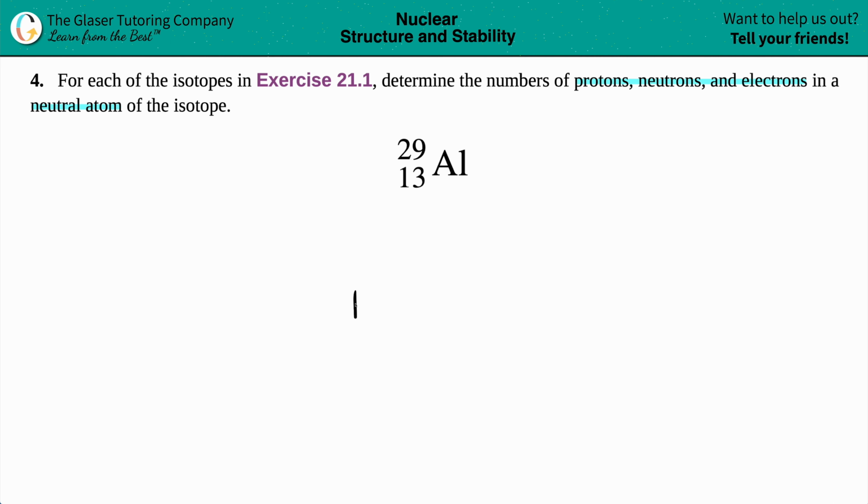So let's go. Let's write out protons. Okay. Neutrons. And electrons. Now, the first thing that I notice is that they said that we're doing it for a neutral atom. Now, if something is neutral, that means it has to be the only number that is not positive or negative in this world, and that's 0.